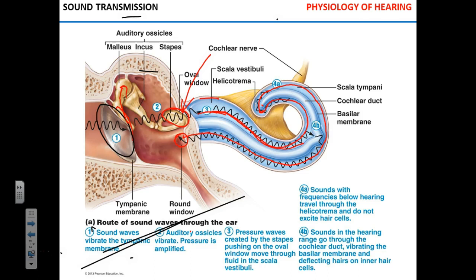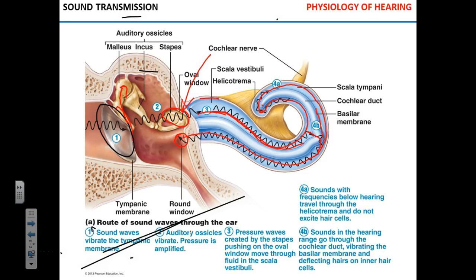Option number two, sound is in the hearing range. In this case, sound will cross the scala media, sort of take a shortcut, all right? And this shortcut will cause the vibration of the basilar membrane.